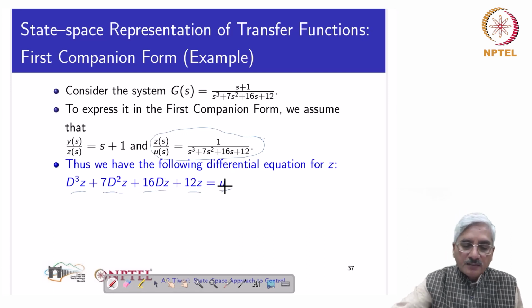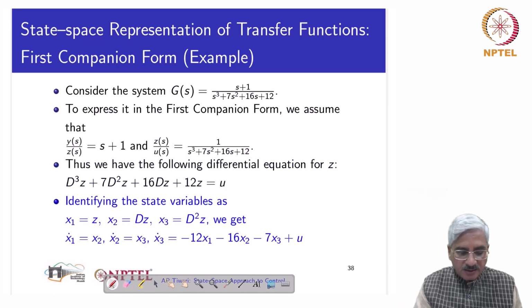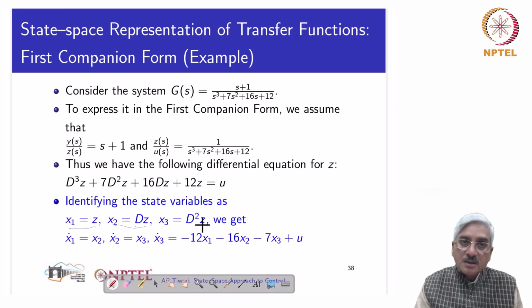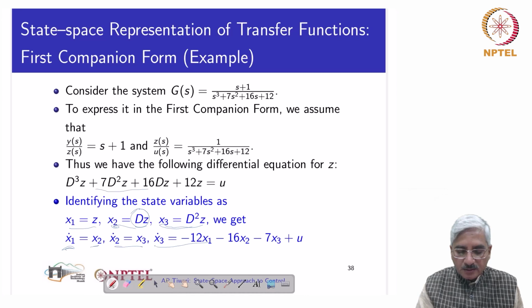And now we can identify the state variables: z as x1, dz as x2, d square z as x3. Because dz is x2 and also x1 dot, it gives x1 dot equal to x2, and x2 dot will give x3, and x3 dot will come from here.